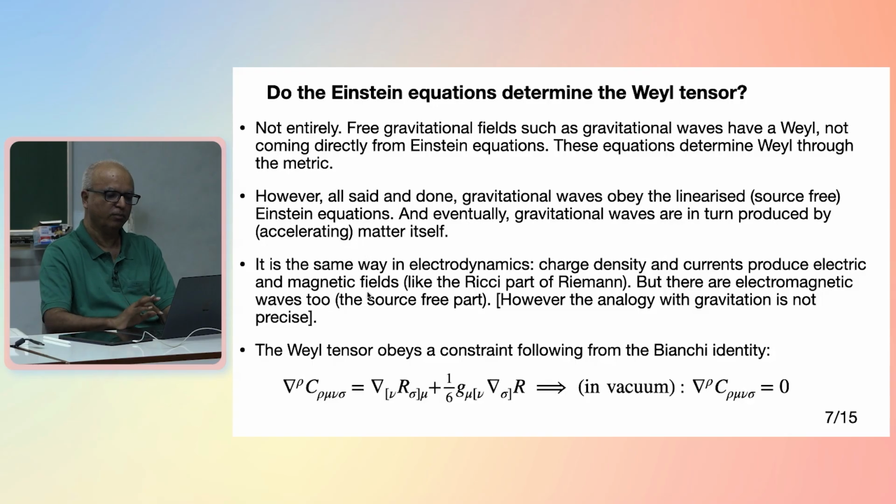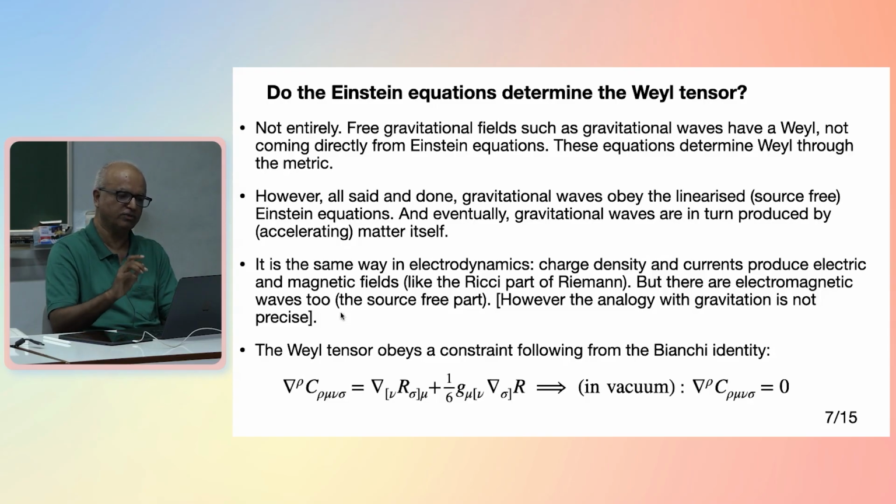But there are electromagnetic waves too, the source-free part. So electromagnetic waves and electromagnetic fields produced by sources. In the same way, gravitational waves and gravitational fields produced by matter through Ricci.